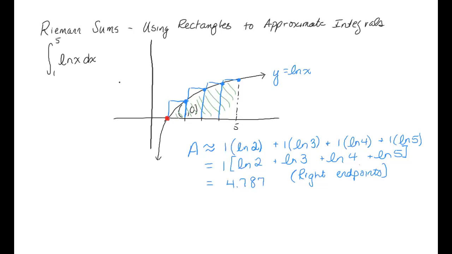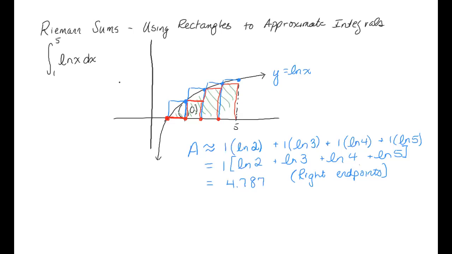So left endpoint, left endpoint, left endpoint, left endpoint. And notice that the first rectangle actually has 0 as its height, the natural log of 1. So you're right, that contributed nothing. But then the second rectangle is here, the third one is here, the fourth one is here.